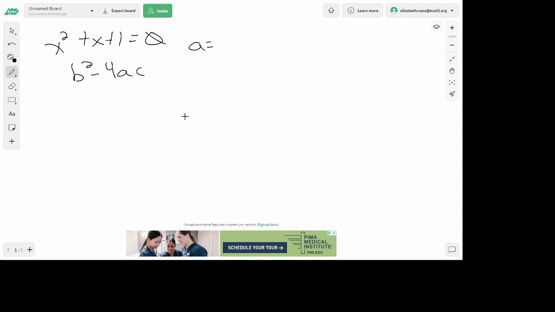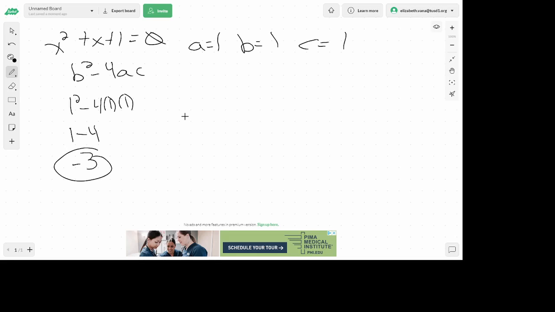So our a is the number before x squared. There's nothing there, so we know it's 1. B, also 1. And look at that, c is also 1. So plug everything in. 1 squared minus 4 times 1 times 1. 1 squared is 1. Negative 4 times 1 is negative 4. Times 1 again is also negative 4. 1 minus 4 is negative 3.